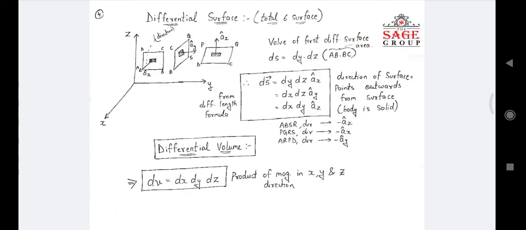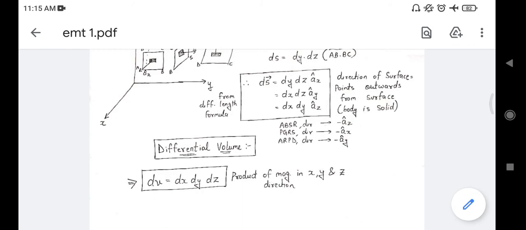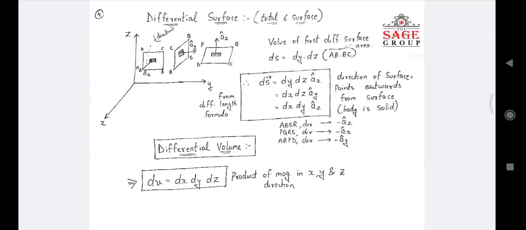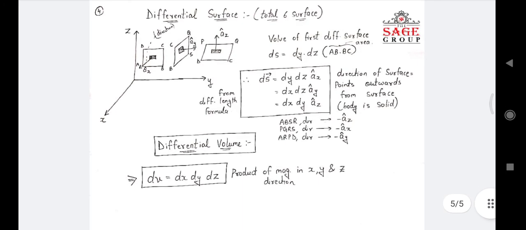Now if you look at the right side over there, you can see the value of the first differential surface, ABCD. What will be its value? dy into dz, that is length into breadth, that is AB into BC. In a similar fashion we will find all three faces. So we can easily find dy dz ax, dx dz ay, dx dy az.